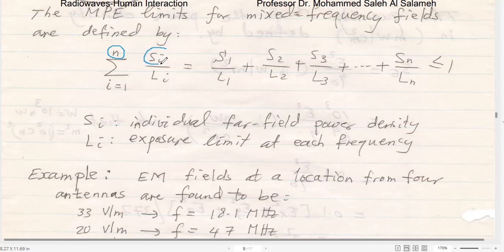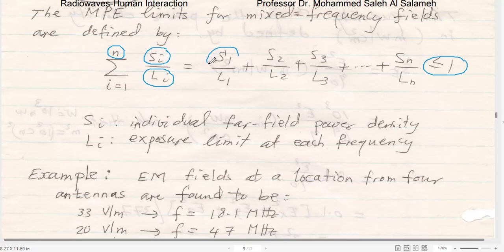Si is the exposure level, the exposure radiation density from each frequency, and Li is the limit, the maximum allowed at this frequency. Their summation should not exceed 1.